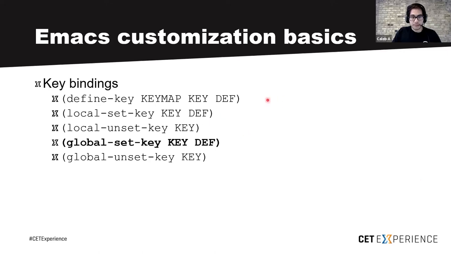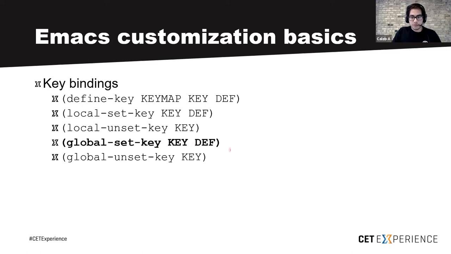But I've given it for full completion. The local-set-key and local-unset-key will define a key binding for a particular buffer. So this is just buffer level definition of a key.